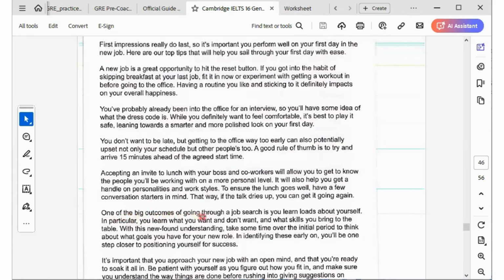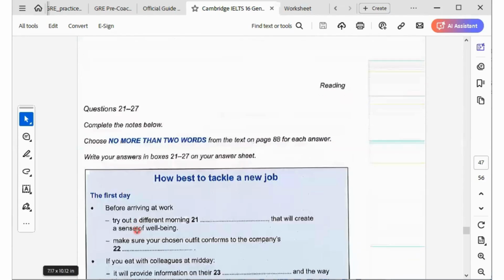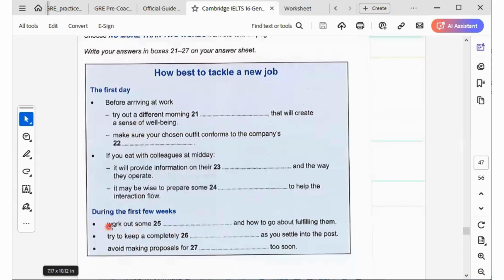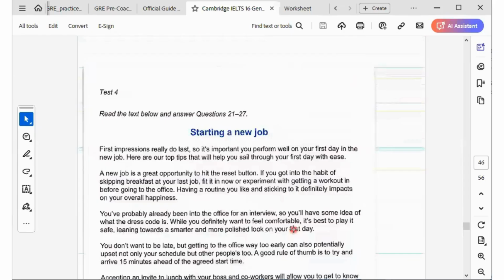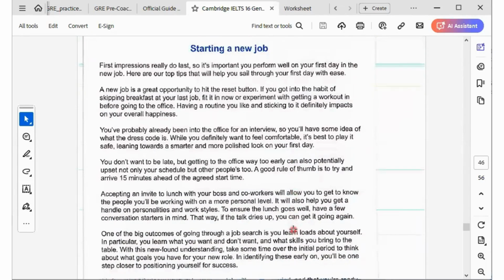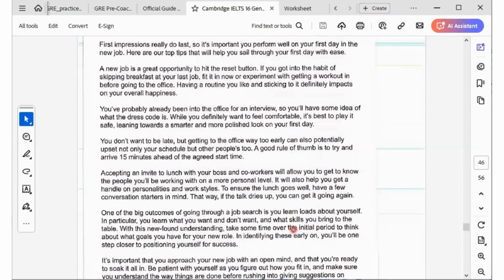One of the big outcomes of going through a job search is you learn loads about yourself. In particular, you learn what you want and what you don't want, and what skills you bring to the table. Hold on. They didn't use the word weeks. Work out some dash and how to go about fulfilling them.